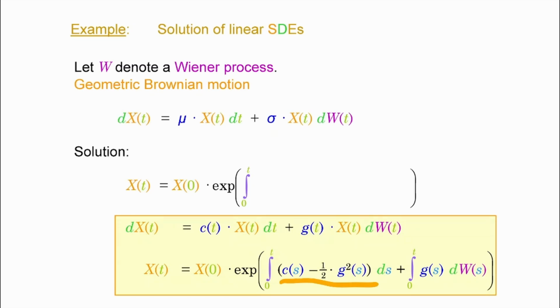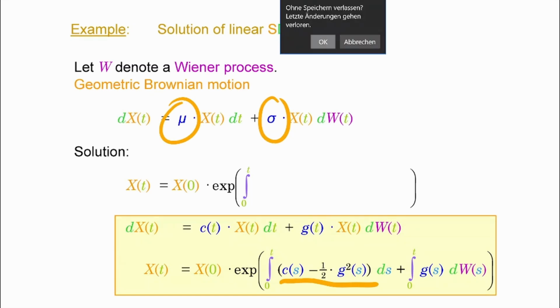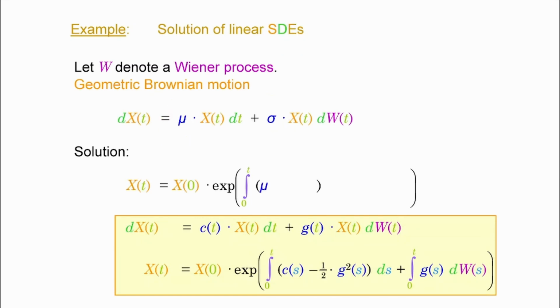Now, since those are constants, as you see, c is mu, which is a constant, minus 1/2 times g squared. Now g is actually sigma, so it's going to be sigma squared. That's what you see, all right? This is the expression that you see here, actually.